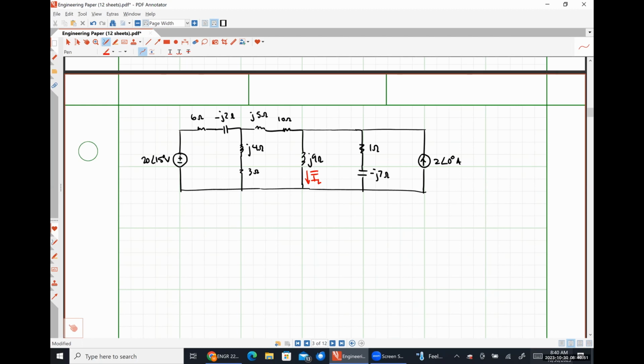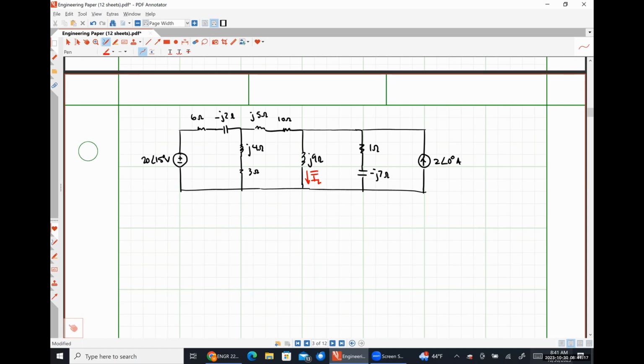Mesh analysis would be four equations, four unknowns. There's no way I'm doing that by hand. So I've got to figure out something else to do. What I am going to do is use Thevenin and Norton's theorem to simplify this circuit into something a little more digestible to analyze.